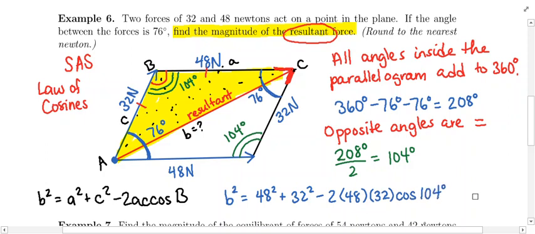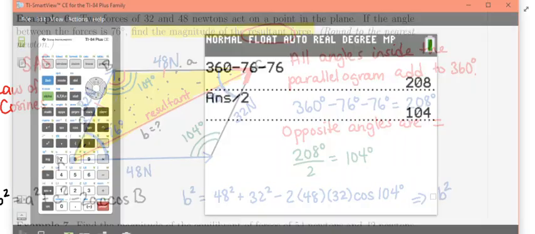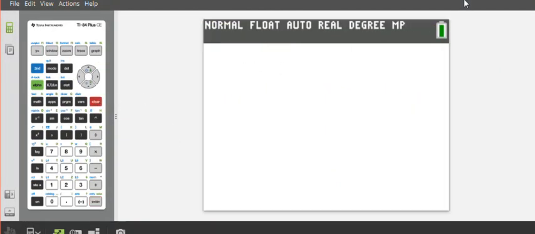We should be able to pop this into a calculator, and that's going to give us b squared. Make sure your calculator is in degrees. So here we go: 48 squared plus 32 squared minus 2 times 48 times 32 times the cosine of 104.